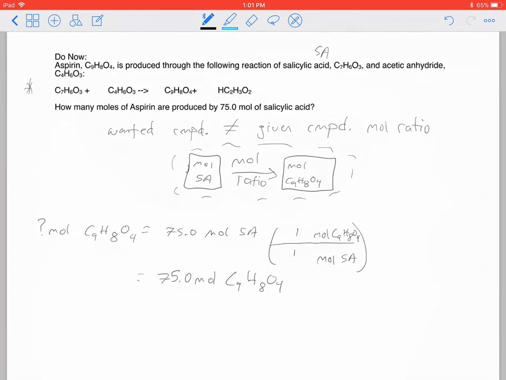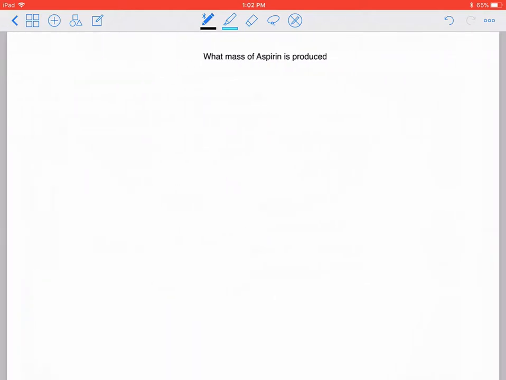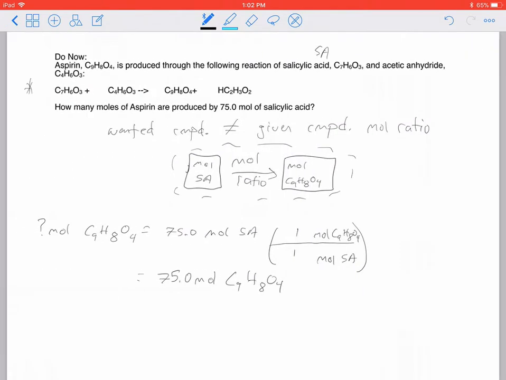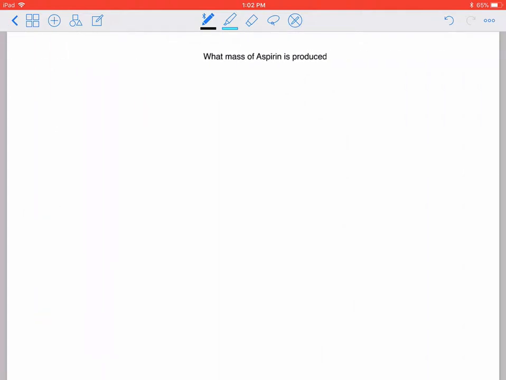C9H8O4. Now that's all well and good, but we're not going to be counting out moles of something, right? That's not a really useful thing for us. So it's far more likely that we're going to be measuring a mass or a volume. So for example, I could ask you what mass of aspirin is produced. Well, I just figured out how many moles, so do I have anything that converts between mass and moles?